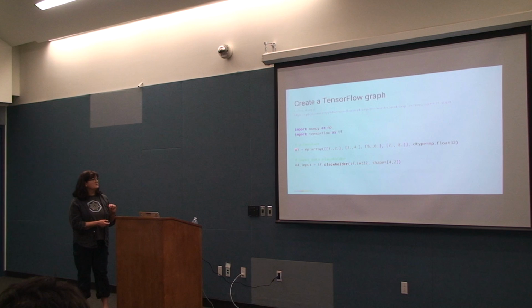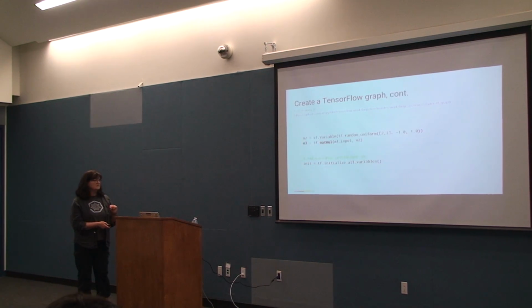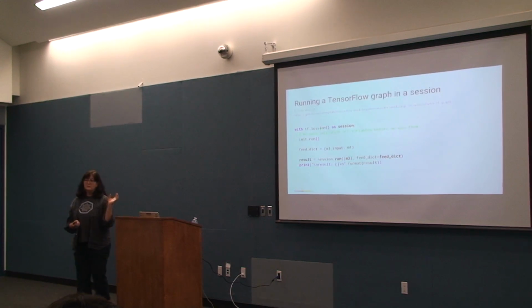We defined this constant, M1, these are its values. We defined this input data placeholder, M1 input. And so now, when we run the TensorFlow graph, we're going to say, all right, what input are we going to use for our placeholders? You need to do that as part of running the graph for any placeholders that you have.